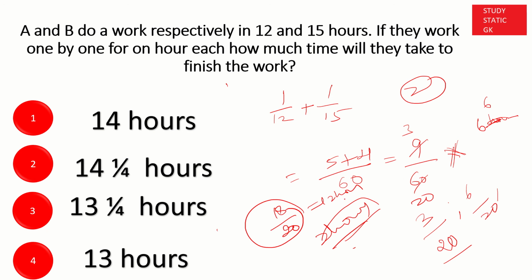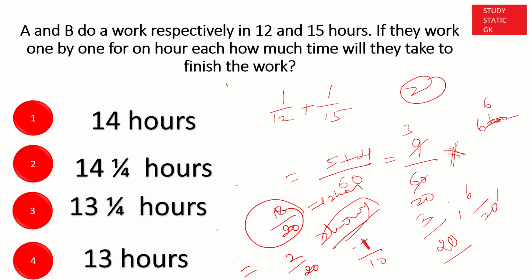Then the work remaining is 2 by 20, that means 1 by 10th work is remained.